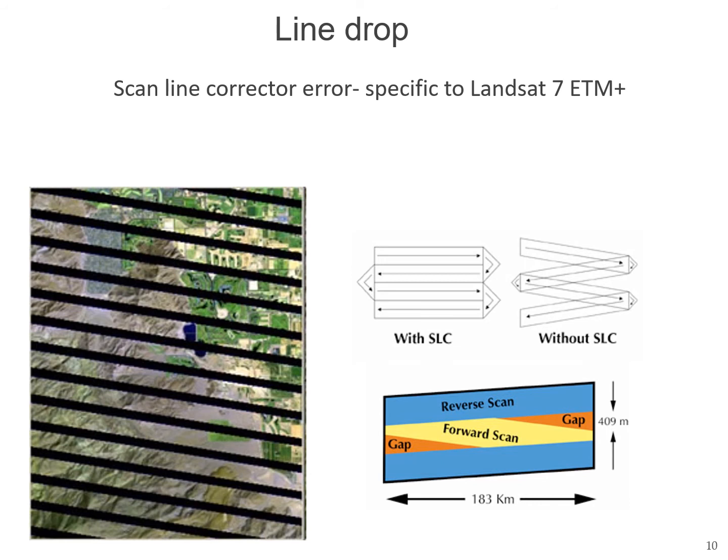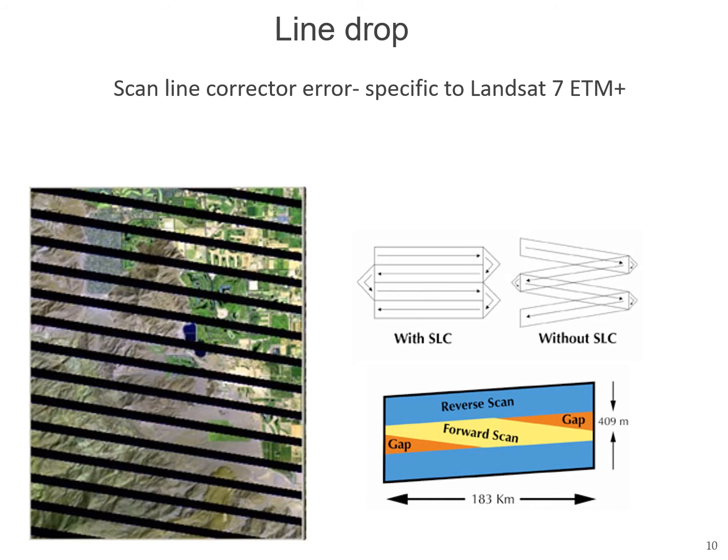So it corrects for the effect of the sensor moving forward. On the bottom right, you have a reverse scan from right to left, and then you're moving forward and have a forward scan, but you wind up with a gap.